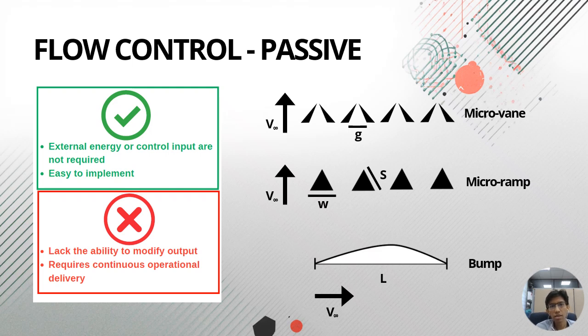The advantages of passive flow control are that it doesn't require any control input or external power, and it is quite easy to implement because you design it directly on the model. However, the disadvantage is that it lacks the ability to modify the output, and with the system attached on your model, it is continuous throughout the whole operation.